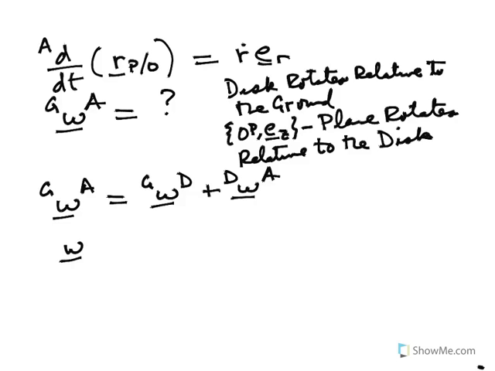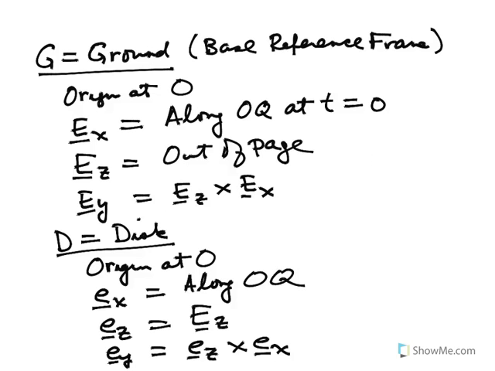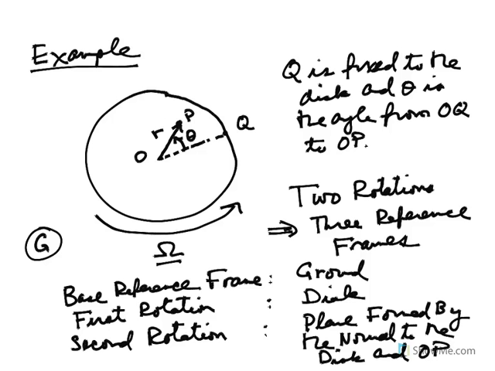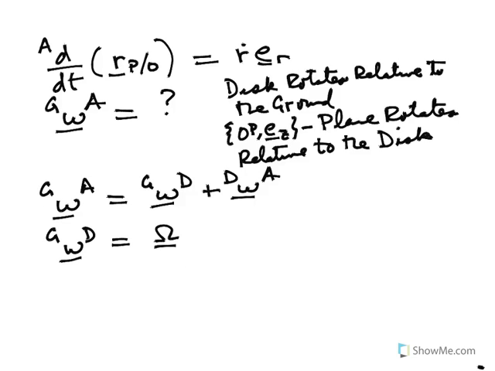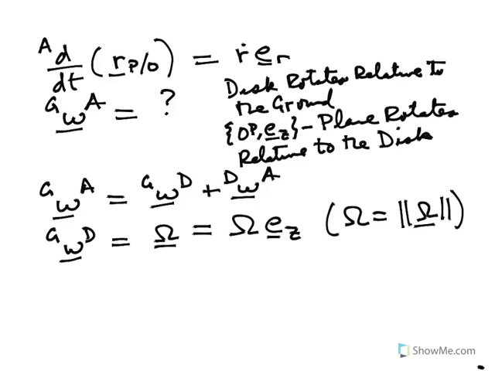Now the angular velocity of the disk as viewed by an observer fixed to the ground is what I defined as omega. If you go back over to this picture here, you'll see that I defined it to be omega. Now omega is out of the page, and this is going to equal omega EZ, where omega is equal to the magnitude of the vector omega, and EZ is the axis of rotation.